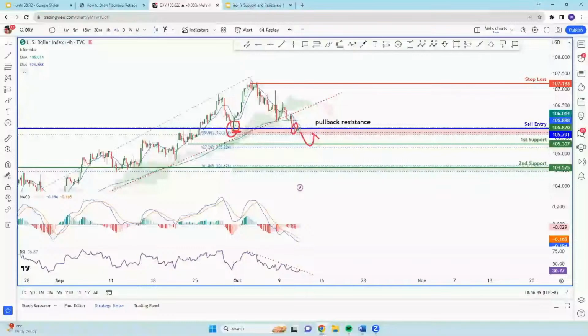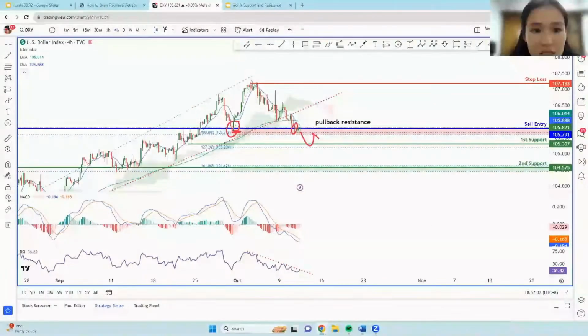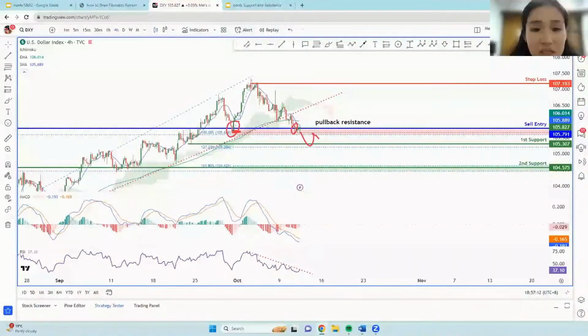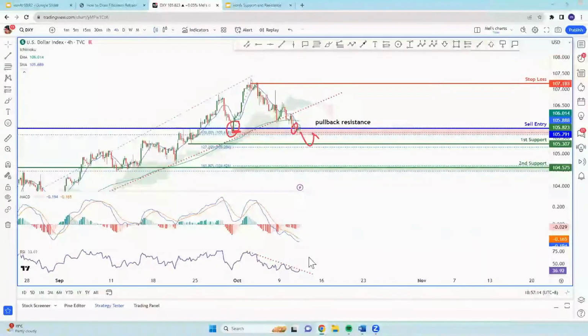How did you figure out to sell on this chart?